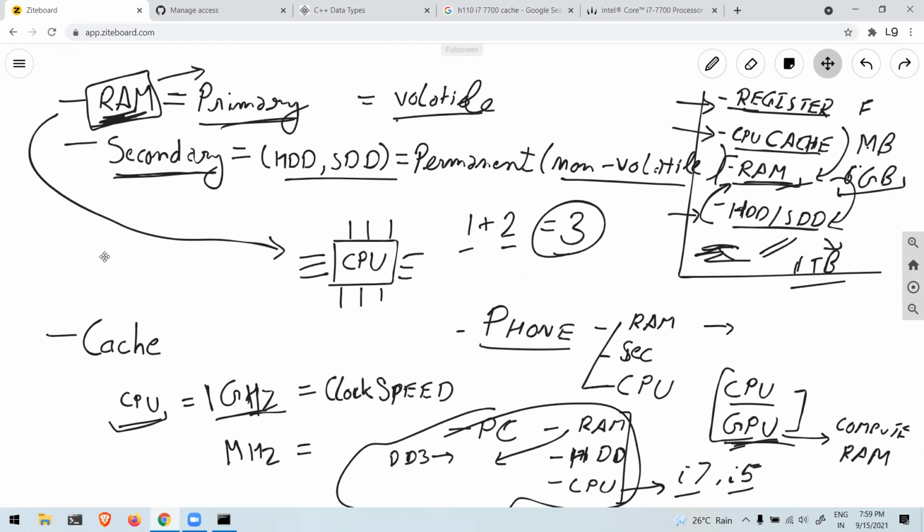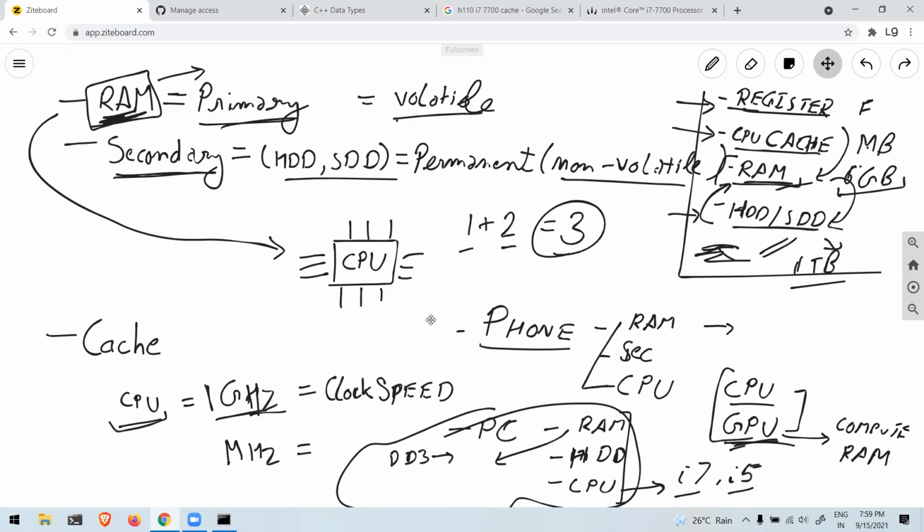Probably, I'm not sure if you guys already knew, but if you don't know, when you buy your next system, you should look at how much cache your processor has. I think this laptop which I'm using has 12 MB smart cache. I wanted 12 or 16, but I couldn't find that in my budget.